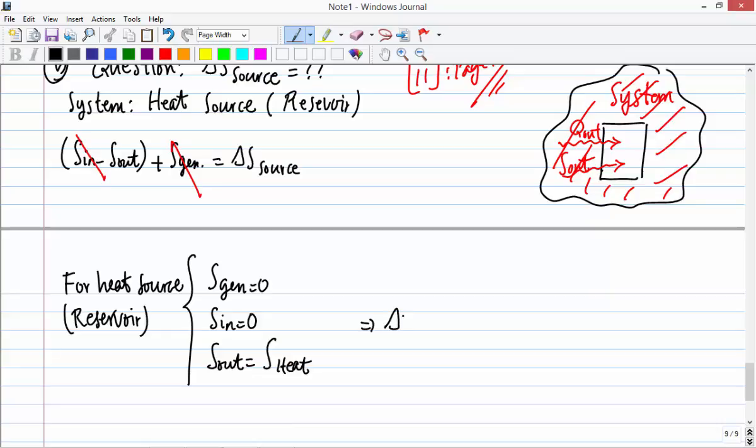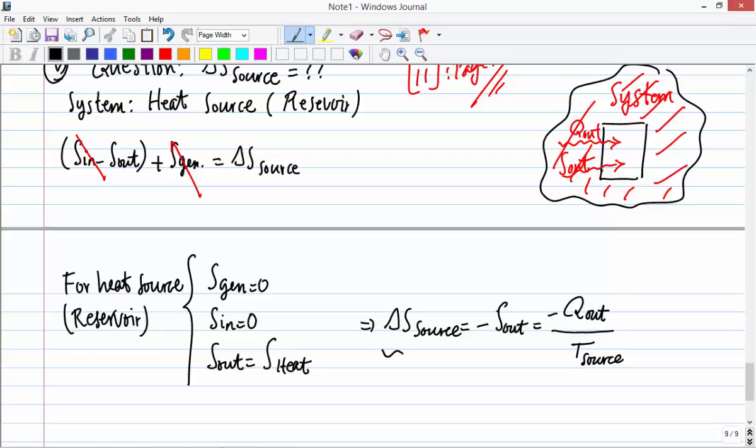Therefore, delta S source equals minus S out equals minus Q out divided by T source. Here I write the subscript as source because the system is the heat source, the reservoir, the surrounding.